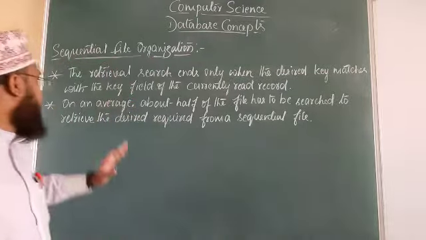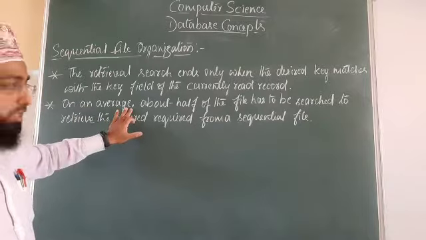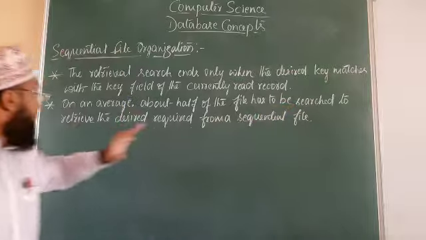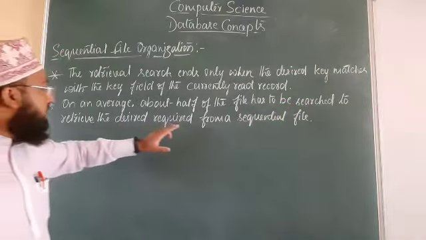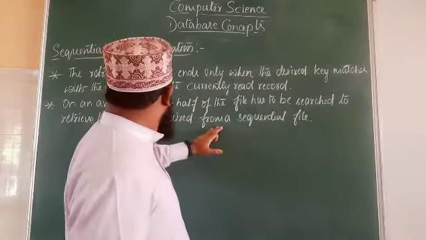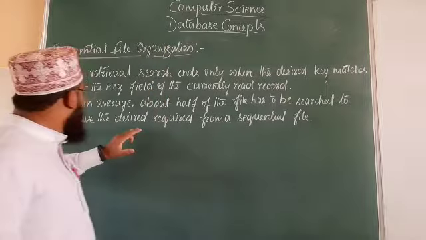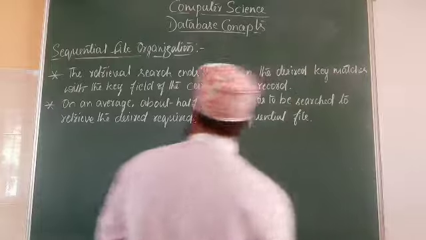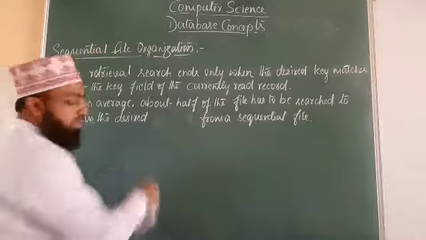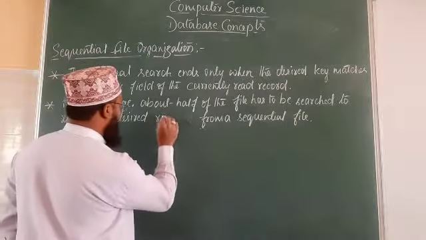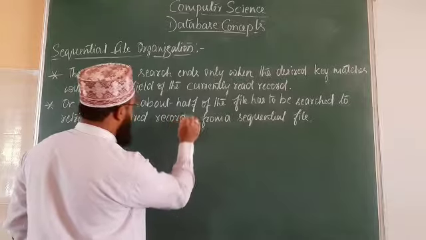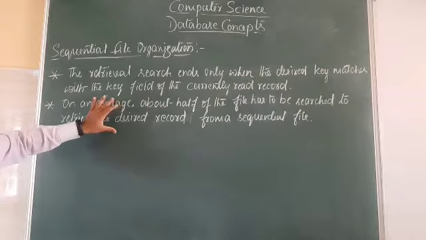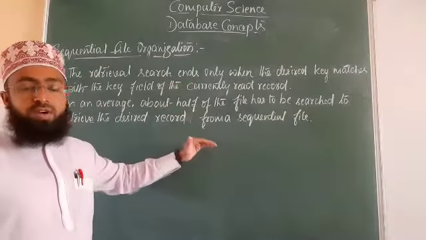And the last point is, on average, about half of the file has to be searched to retrieve the desired record from a sequential file. This means about half of the file has to be read.